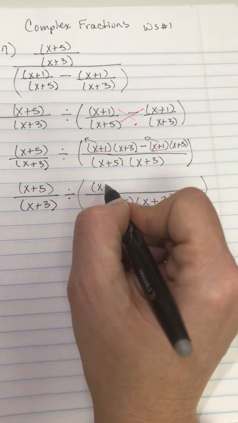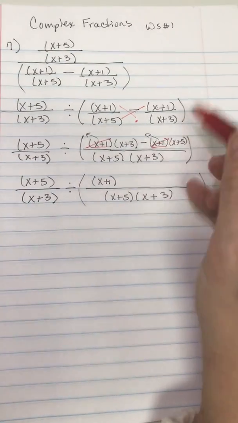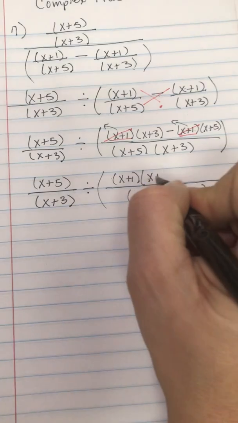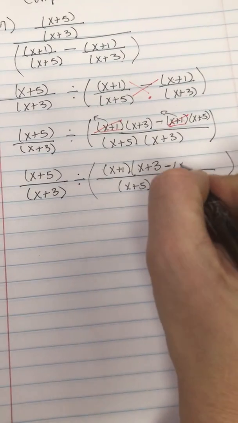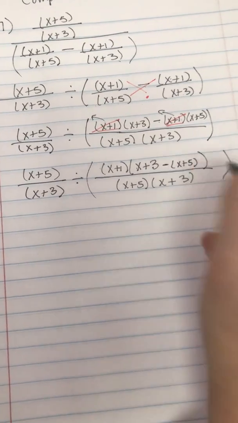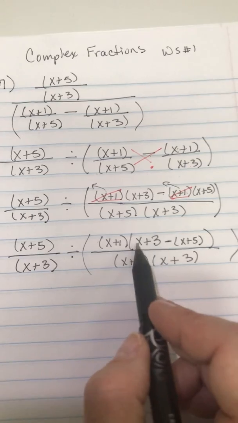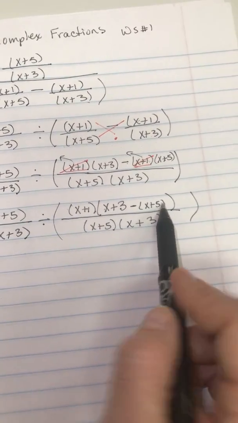So when I take out an x plus 1, so I took it out of here and I took it out of here, what's left is x plus 3 minus x plus 5. Okay? So now what I need to do is I need to simplify this part right here.